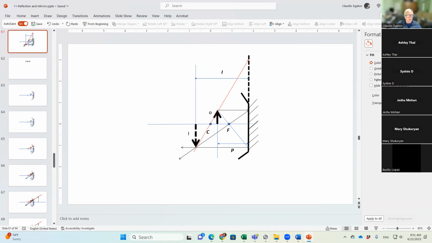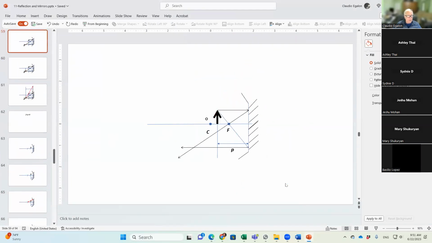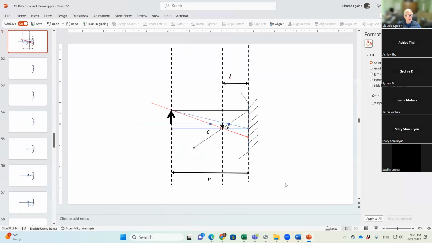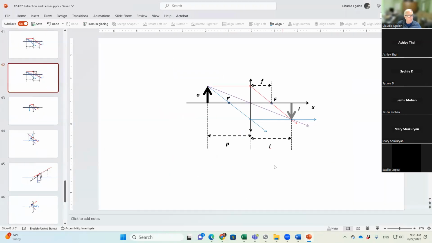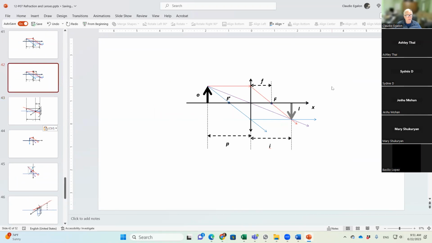I want the other one that correlates. Here you go, I want this one here. Comparatively, that's a comparison here.